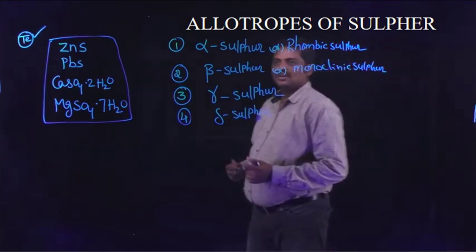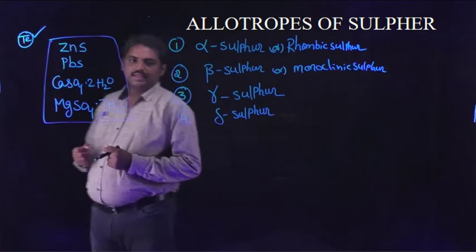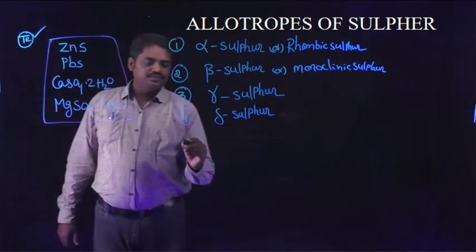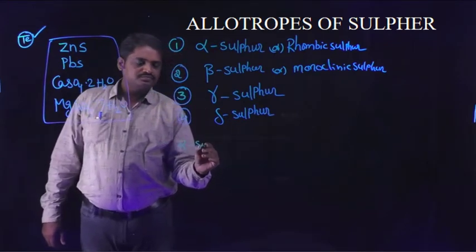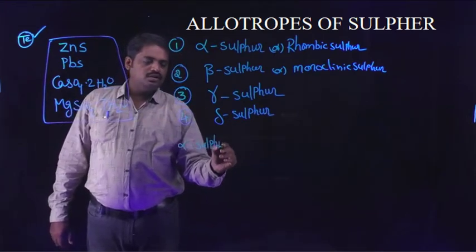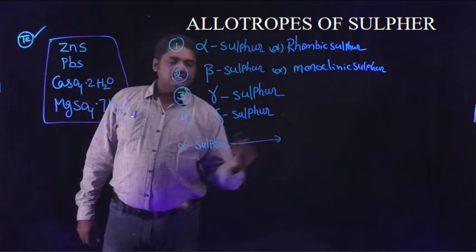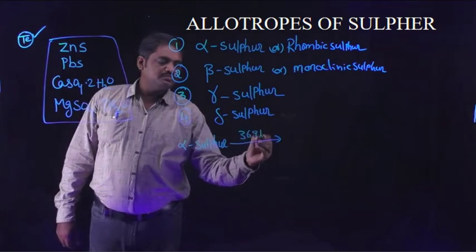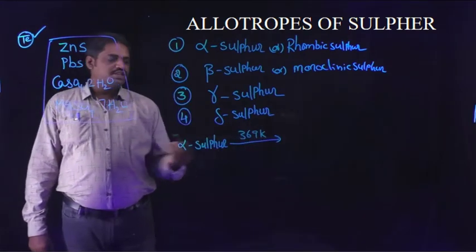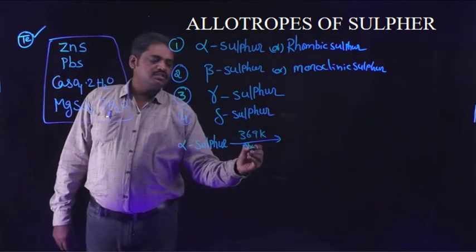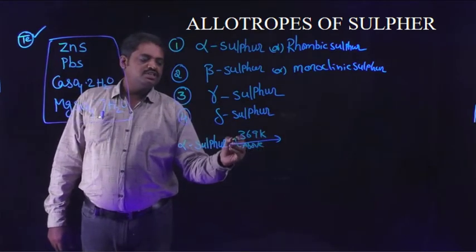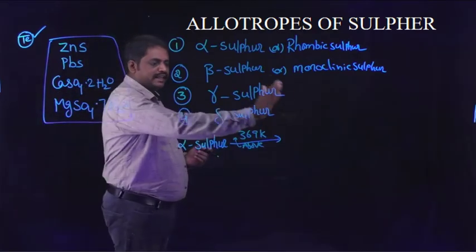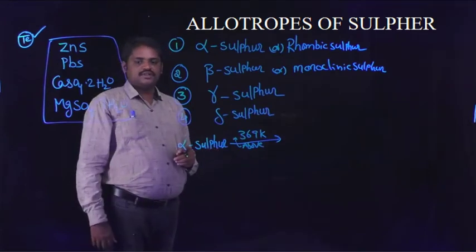First one, alpha sulfur. When alpha sulfur is heated above 369 kelvins, it is converted to beta sulfur.